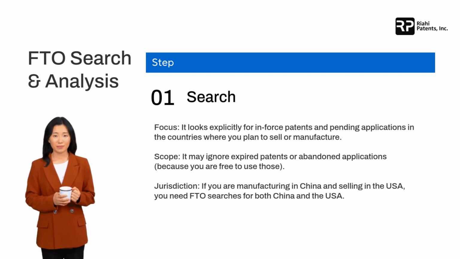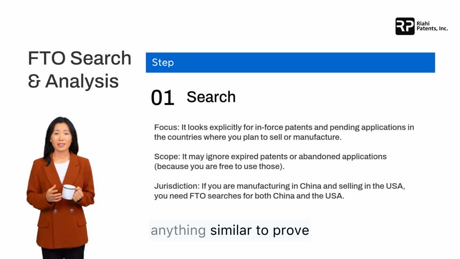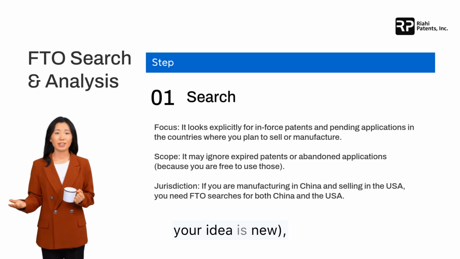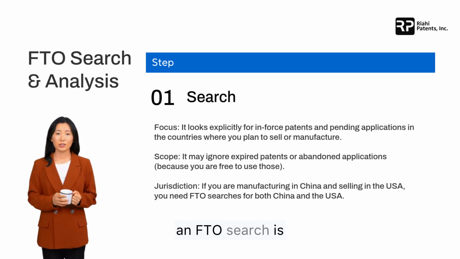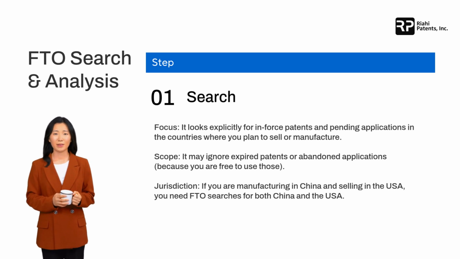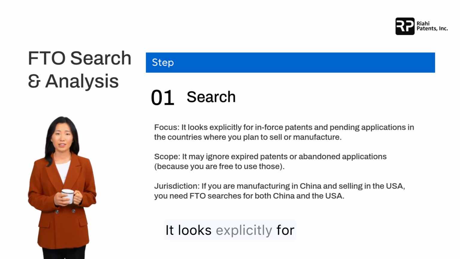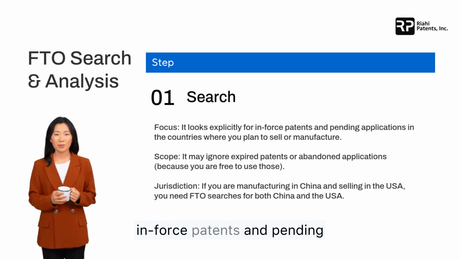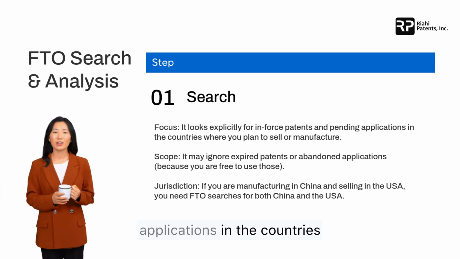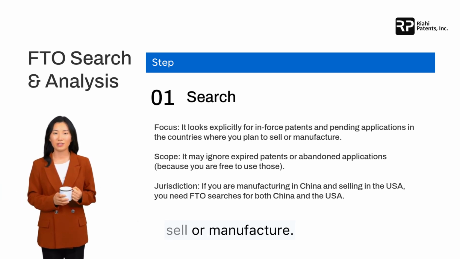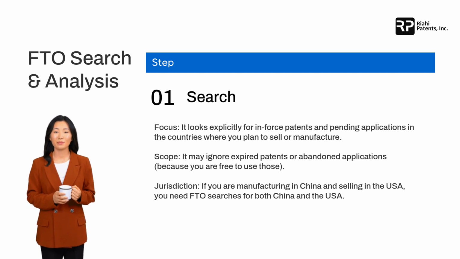First, the search. Unlike a standard patent search, which looks for anything similar to prove your idea is new, an FTO search is highly specific. Focus: it looks explicitly for enforced patents and pending applications in the countries where you plan to sell or manufacture.